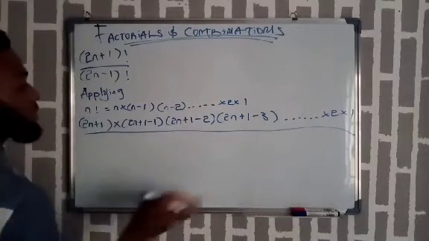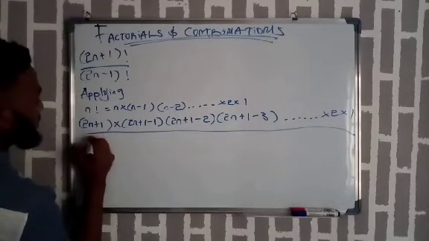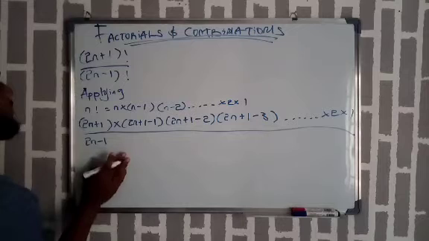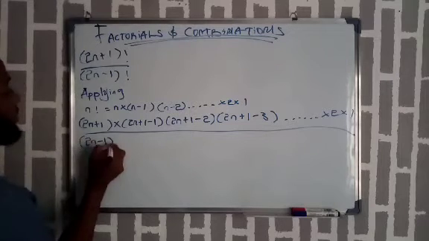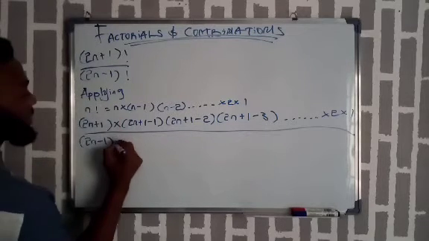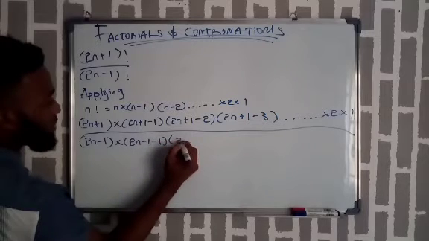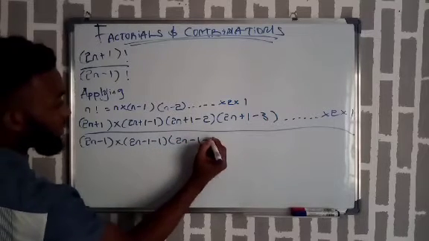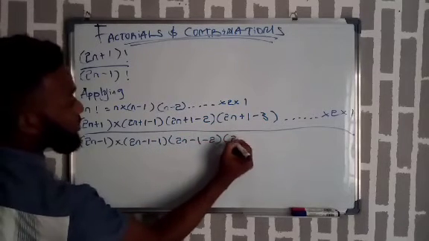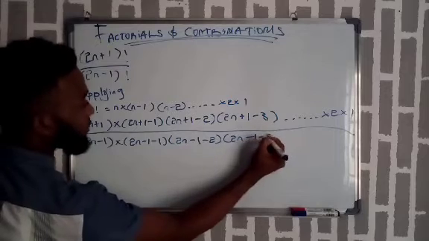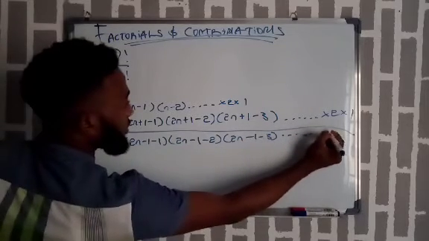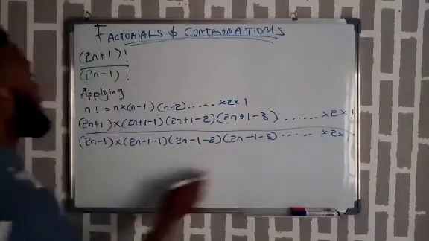We also do the same for 2n minus 1, like n in the same case: 2n minus 1 times 2n minus 1 minus 1, 2n minus 1 minus 2, 2n minus 1 minus 3, and so on, times 2 times 1.